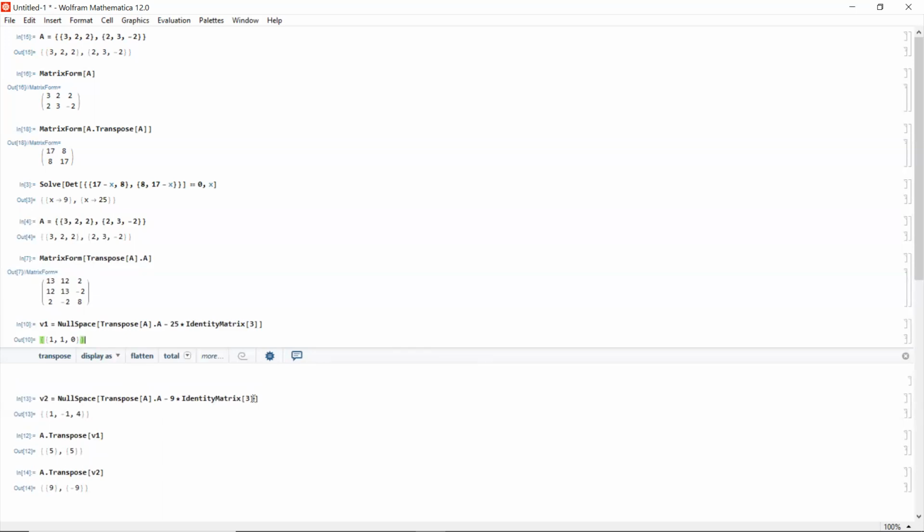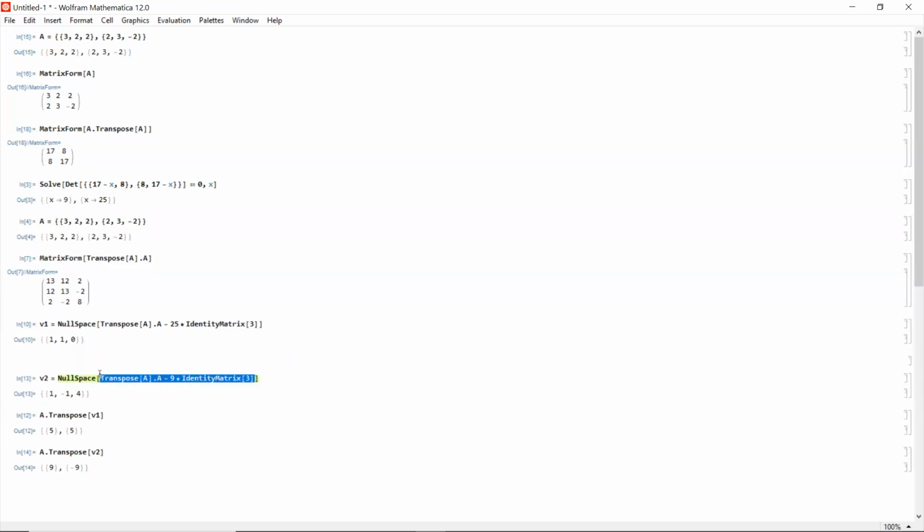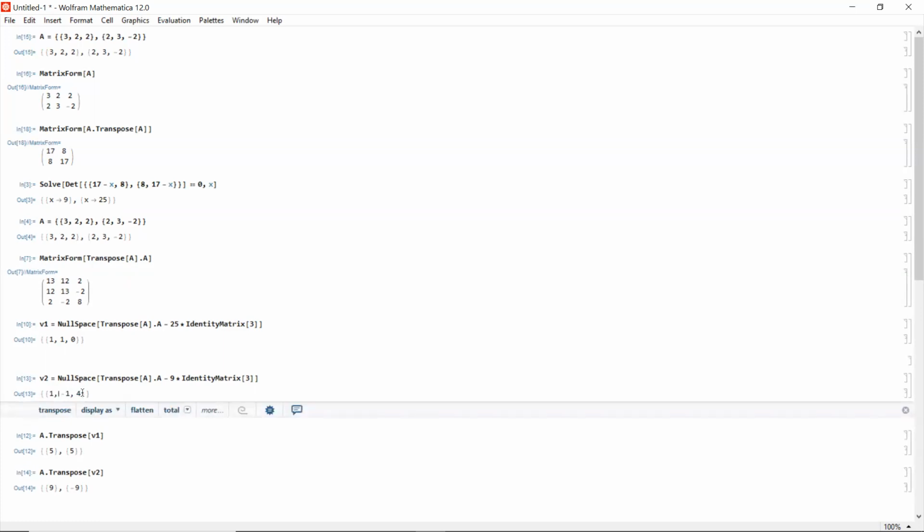I repeat the calculation for the other eigenvalue. So the other eigenvalue is 9. Again, calculate the kernel, which is 1, minus 1, 4. Again, by normalizing, I have to divide by the norm. And the norm is 1 squared plus minus 1 squared plus 4 squared, everything under square root, which is square root of 18.